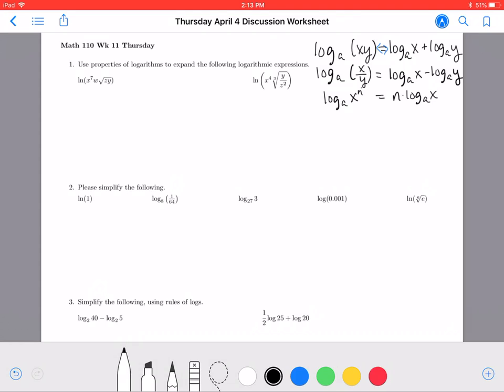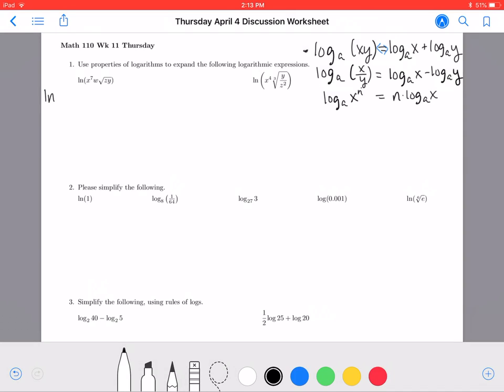So in this first example, the natural log of x to the 7th times w times the square root of z times y. I have a lot of stuff being multiplied, so I'm going to start with the first property, where I can rewrite them, expanding out using addition.